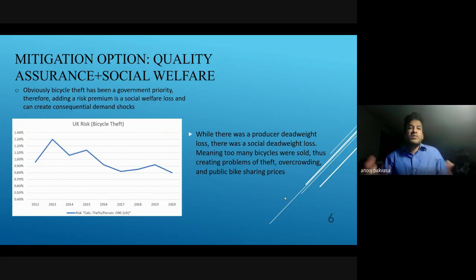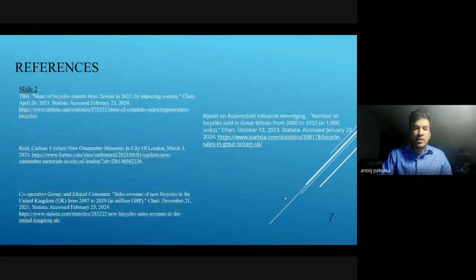Obviously, if you add a lot of bikes to the marketplace based on the 80-20 rule, you'll see an increase in theft. Well, we can do some quality assurance to see how does that affect demand? Are there shocks? Are there social deadweight losses that create a problem, or are there public bike sharing methodologies that are just as helpful? So those are the 3 mitigation options.